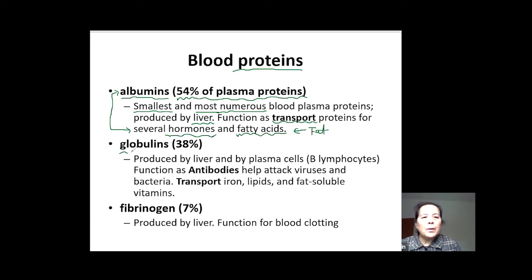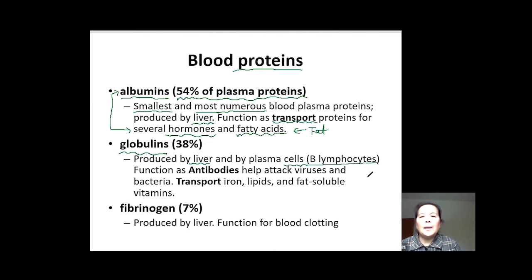And the second protein we say is globins. Globins can possibly be produced by the liver and also produced by cells.